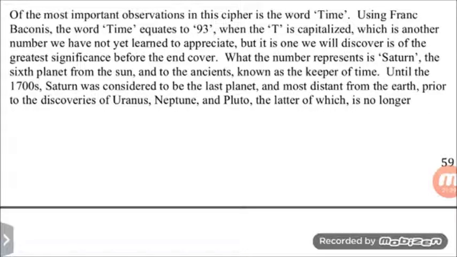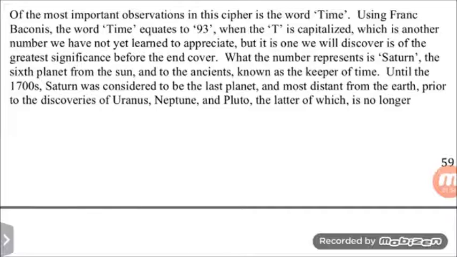Of the most important observations in this cipher is the word time. Using Frank Baconis, the word time equates to 93 when the T is capitalized, which is another number we have not yet learned to appreciate, but is the one we will discover of the greatest significance before the end cover.